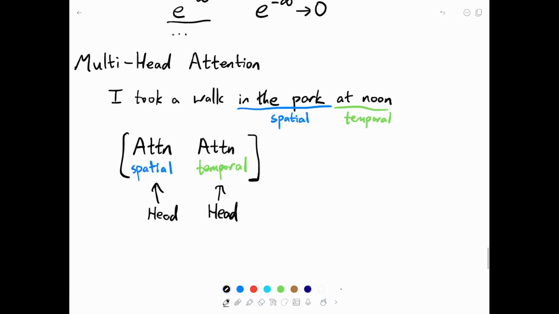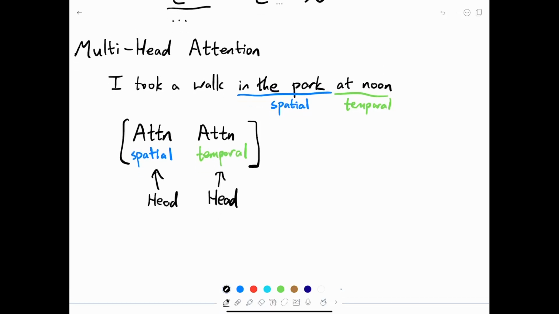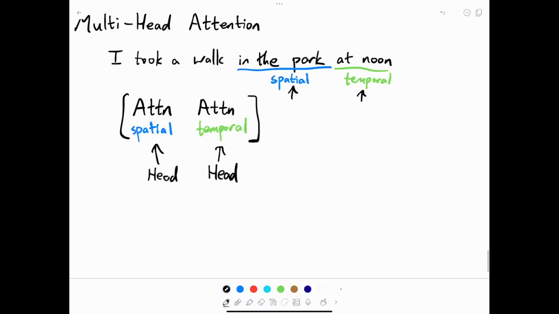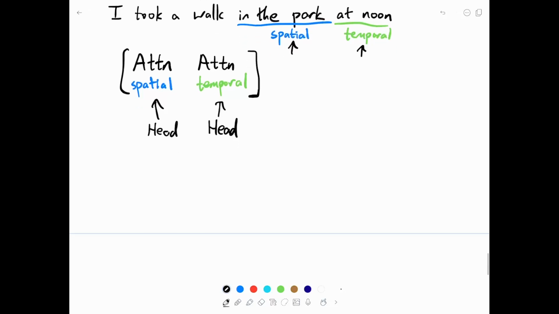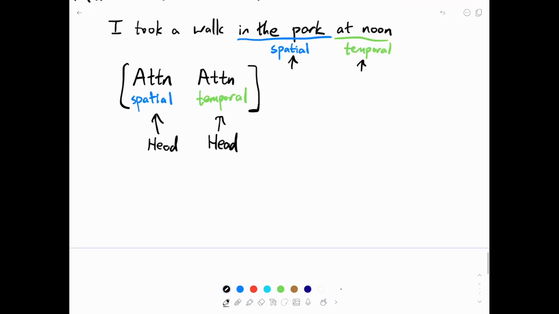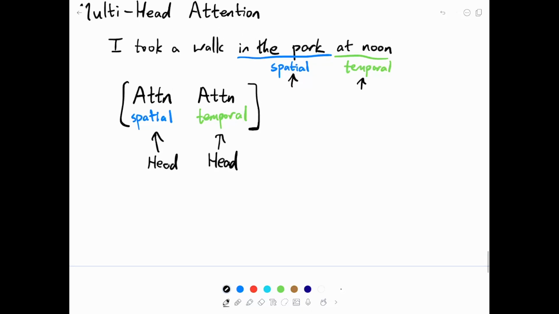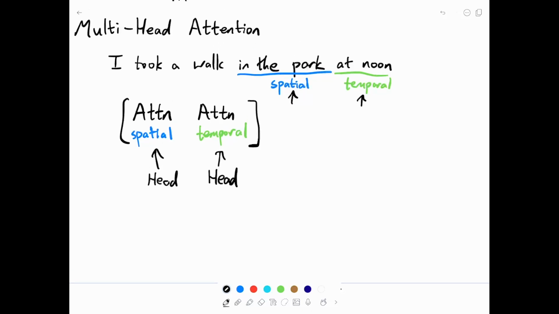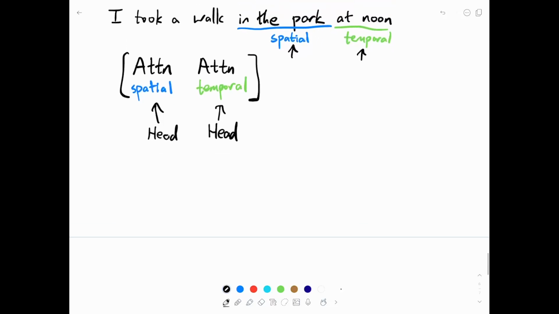In practice, we're not able to teach the model exact semantic features like spatial or temporal features, but by creating multiple heads and concatenating them, the model is able to attend to more aspects of language at the same time. So we don't have quite as much control as we would like to, but having multiple heads of attention tends to work better than single head attention for this general line of reasoning.